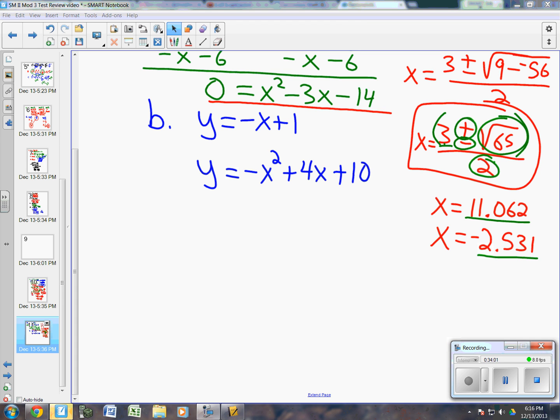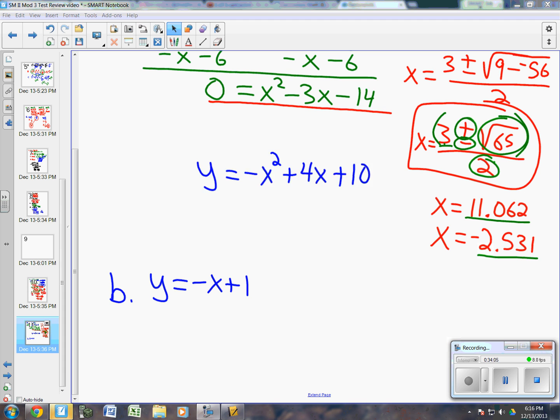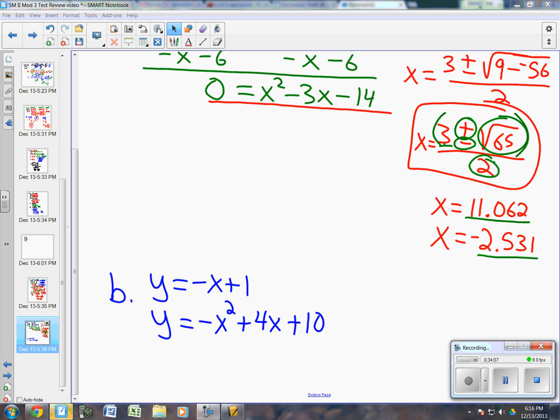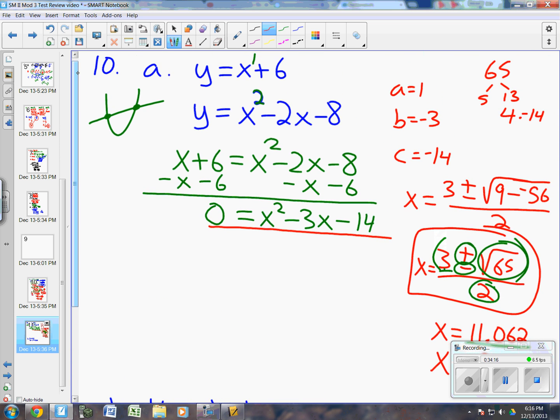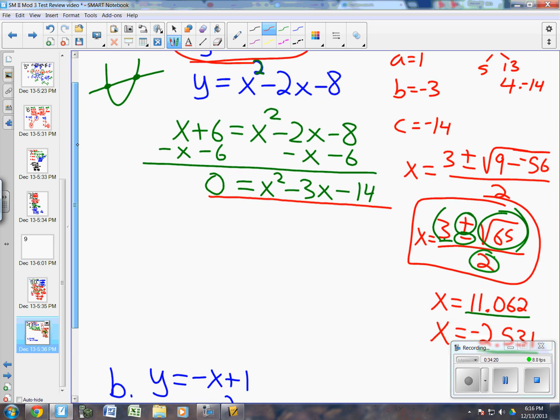Okay, so we are going to go back up and plug those into one of the equations. Well, I always do the easiest equation, which is the linear equation, y equals x plus 6. I'm going to put those in there.